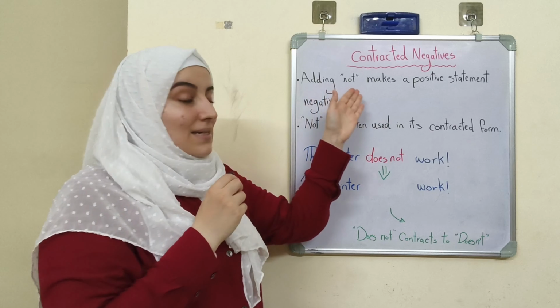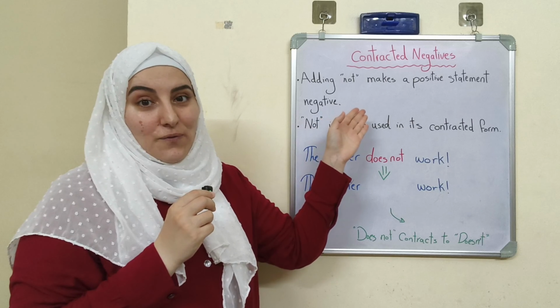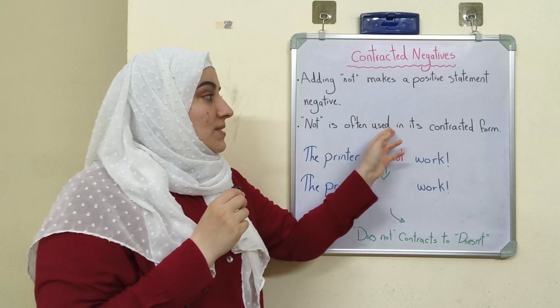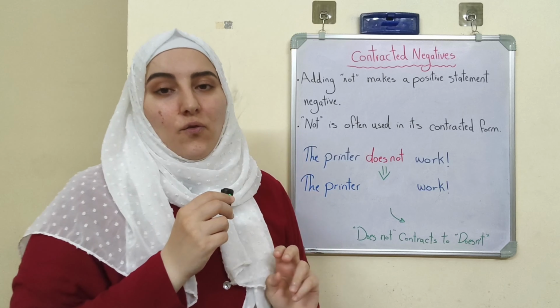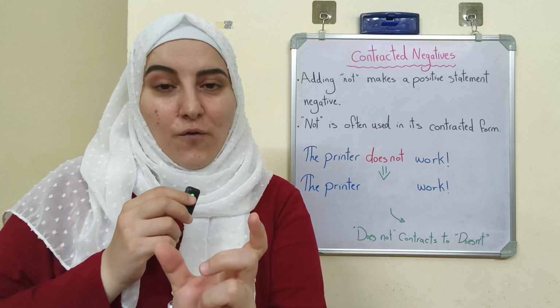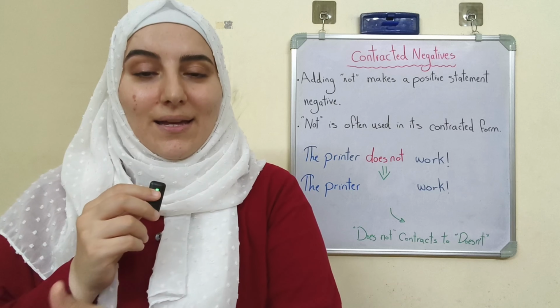Adding not makes a positive statement negative. Not is often used in its contracted form. Contracted form means the short form of the auxiliary verb and not.